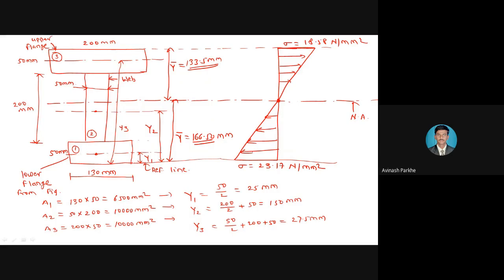But we cannot say whether 23.17 or 18.58 is tension or compression, because the type of beam is not mentioned. If the type of beam is mentioned, for example a simply supported beam, then the above portion is subjected to compression and the below portion is subjected to tension. But here it is not possible to indicate which stress is tensile and which is compressive. But easily we can draw the stress distribution diagram like this.